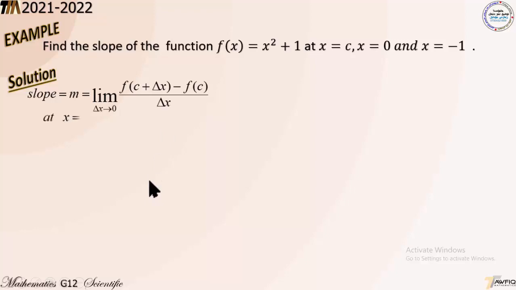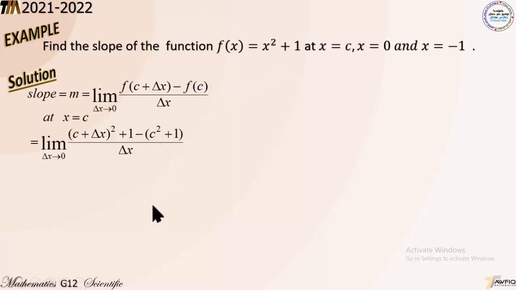And now, the limit as delta x approaches 0, replace x with c plus delta x. It becomes c plus delta x squared, because we have x squared plus 1, minus f of c, which we find by replacing x in the function with c. Then it becomes c squared plus 1.